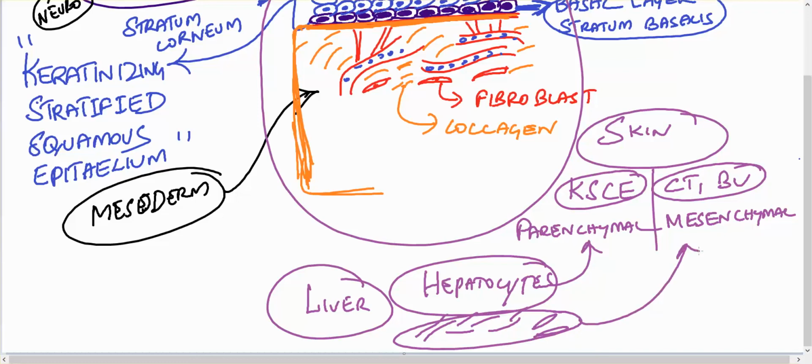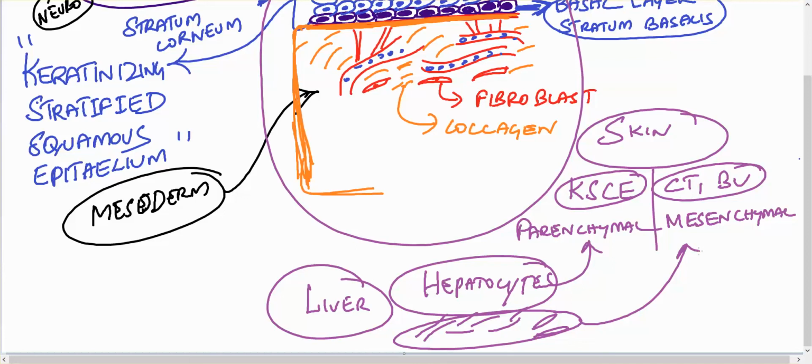So if you take any tissue, it has a parenchymal component and a mesenchymal component. The parenchymal component determines the function of that organ. The mesenchymal component determines the support of that organ. It does not determine the function. It gives support to the functioning cells of that organ.